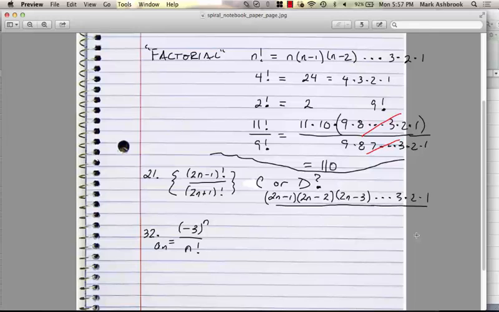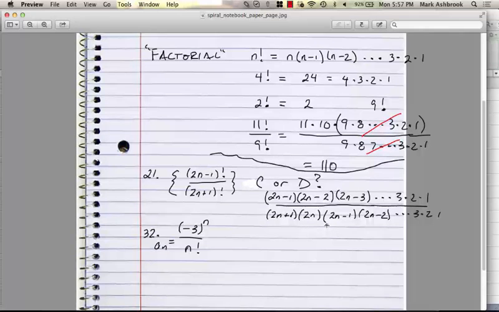Okay? Denominator. First factor: 2n plus 1. Next one: 2n. Then all the way down to. So what happens?